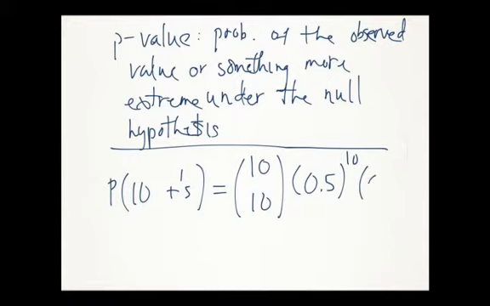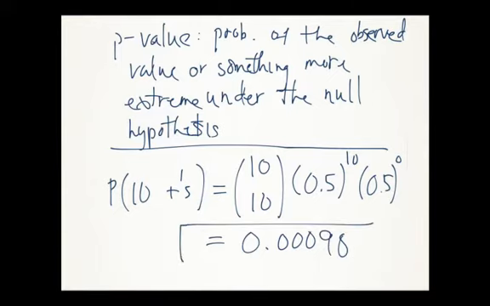And then 0.5, the assumed probability of a negative sign, to the 0, because none of our differences were actually negative. If we use a computer, it would tell us that this is 0.00098. This is a one-sided p-value.